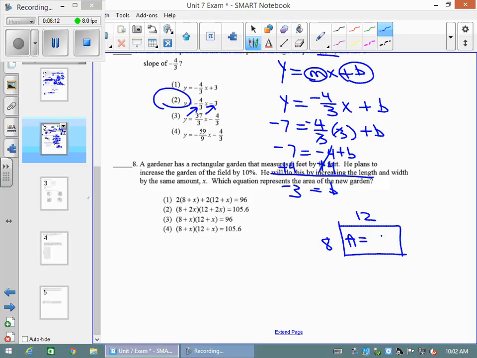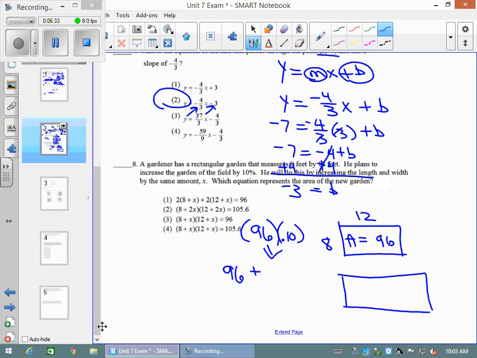We're increasing the area of the garden by 10%. So I take 96 and I multiply it by 0.10, and I add that amount to my original. So 96 plus 9.6, I get 105.6. So my new area should be 105.6.